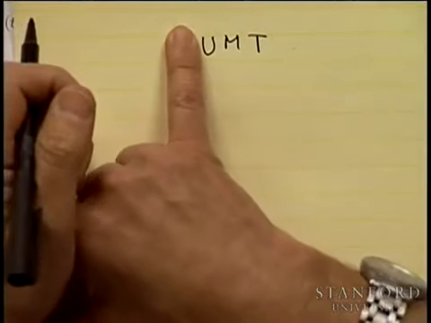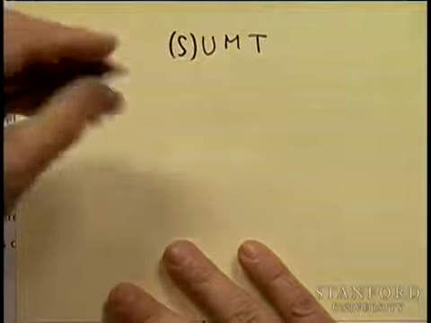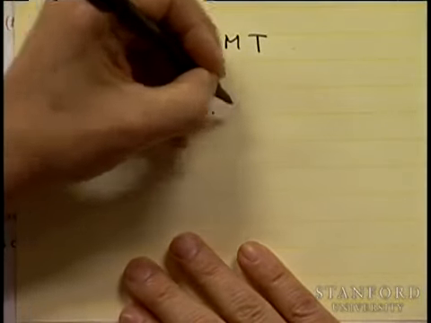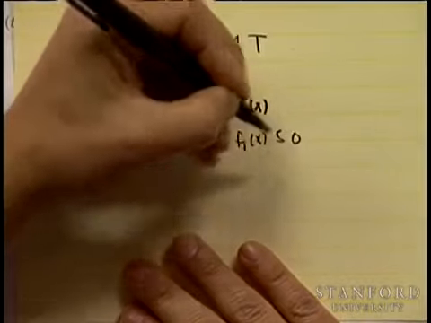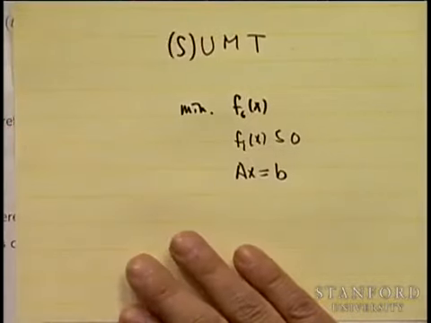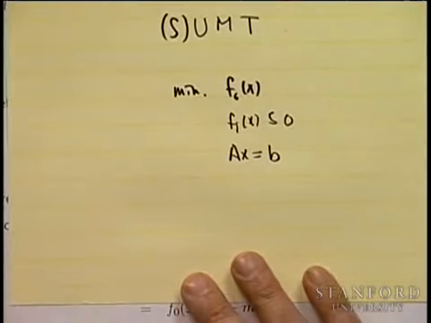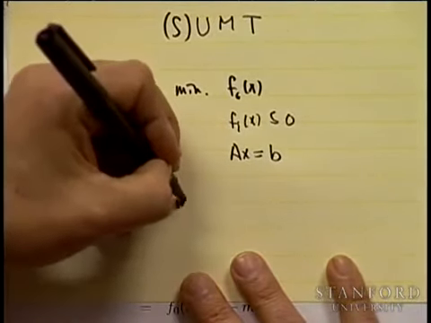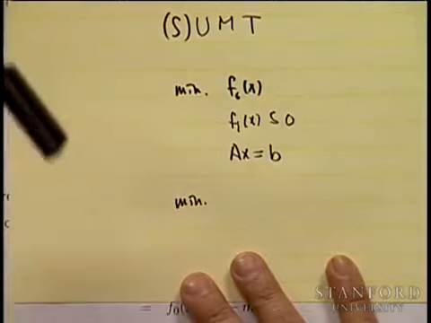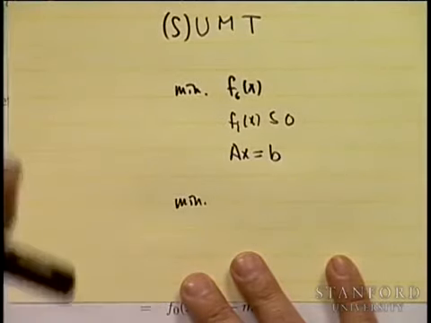So this is the unconstrained minimization technique, and it works like this. It's really dumb. Watch this. You want to solve this constrained problem: minimize f0 of x subject to f_i of x less than 0, and Ax equal to b. The UMT method says this. Pick t and solve the following problem. I'm assuming here, by the way, you have a strictly feasible starting point. We'll talk about how to get one if you don't.